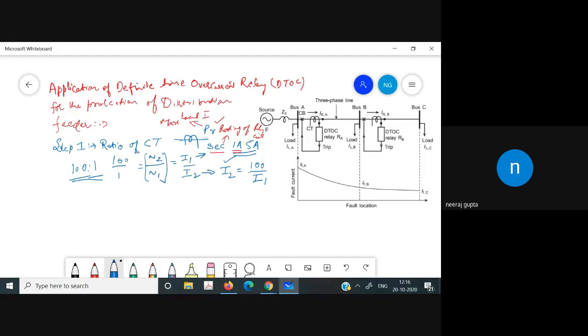This is the first step. Now, the next step is to do the setting of the relay. Step 2 is the pickup value of the relay, and step 3 is the operating time of the relay.